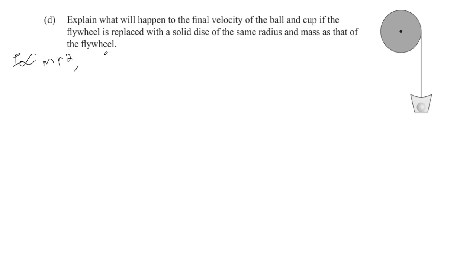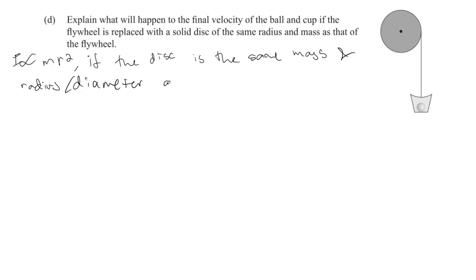And we do this to say that if the disk is the same mass and radius, or diameter, doesn't really matter, as the flywheel, the only difference is the distribution of mass.